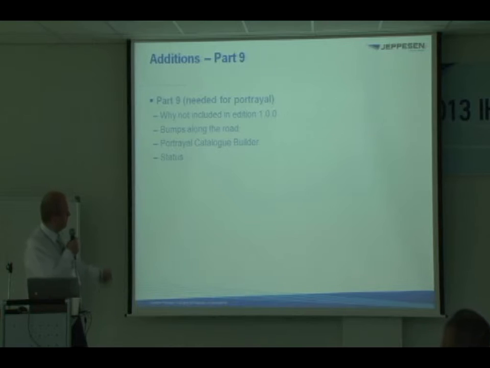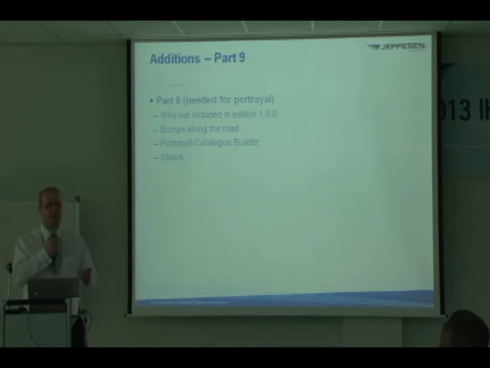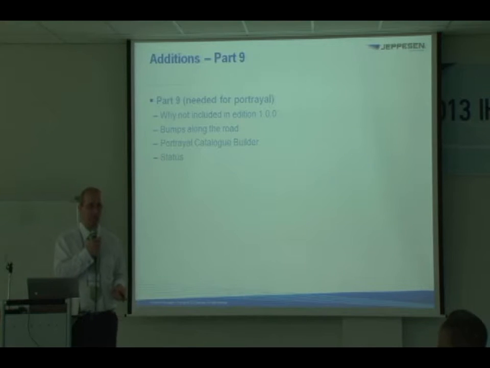So one of the things that have been touted by S100 is that there will be a portrayal catalog builder, and that is to make the portrayal of product specifications using S100 an easier task than it is with S52 today. I'm currently involved with the development of S52 Presentation Library 4.0, and let me tell you, that's a very painful process.